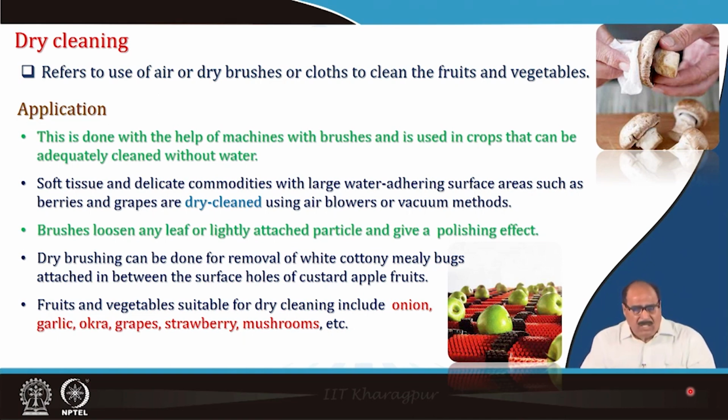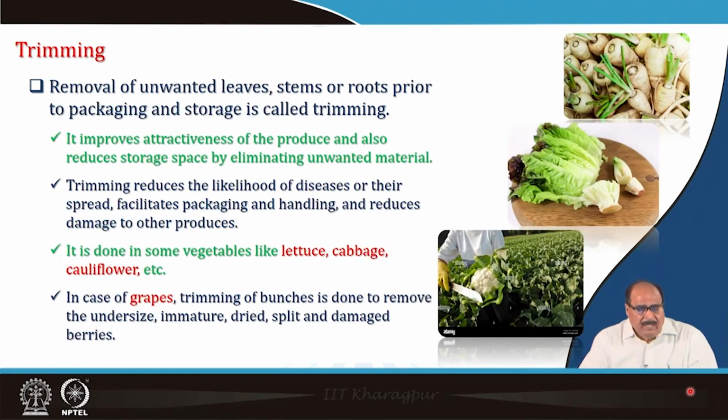Trimming, the removal of unwanted leaves, stems or roots prior to packaging and storage, is called trimming. It improves the attractiveness of the produce and also reduces storage space by eliminating the unwanted materials.